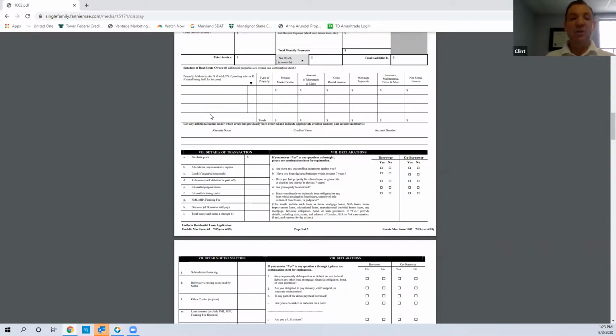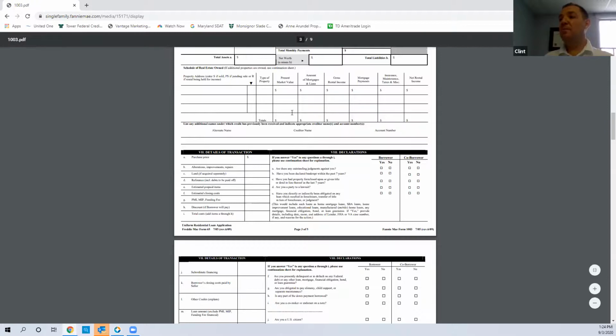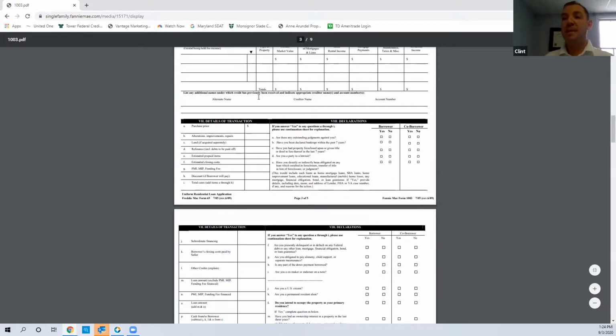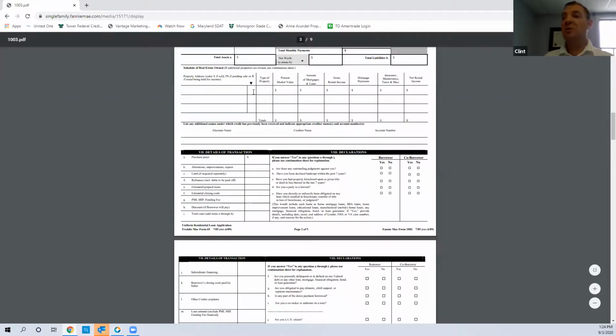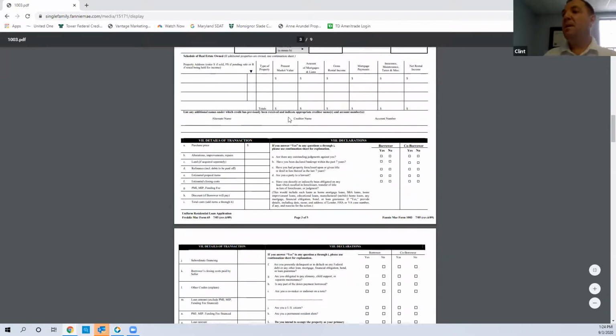But I always try to reiterate those items just in the event that they do have those. And again, once we pull the credit report, they may not show up, but a lot of times addresses show up that need to be accounted for. So it's always just good to make sure that we account for any possible land or addresses that they own.